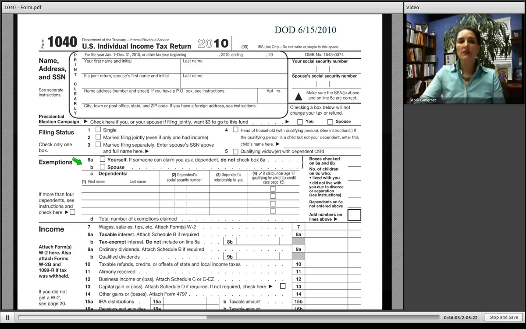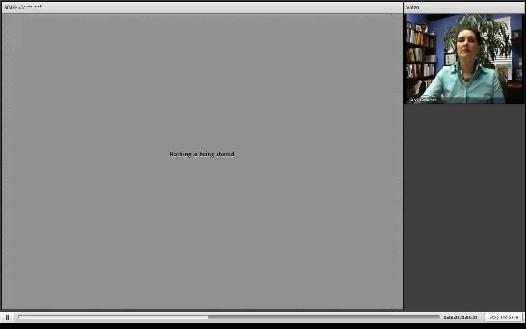So even if you are filing married filing separately and you've checked the married filing separate box right here, you could still go down and check this box for yourself and this box for your spouse if your spouse did not file a return with anyone else, is not the dependent of anyone else, and had no gross income. And then, of course, over here you would enter 2 rather than 1 exemption.